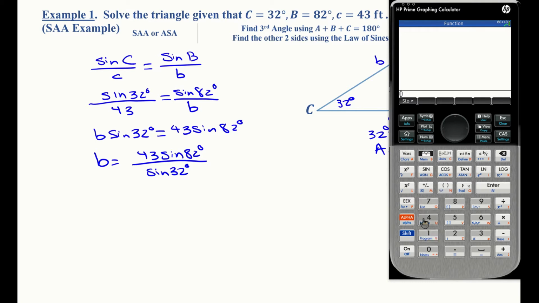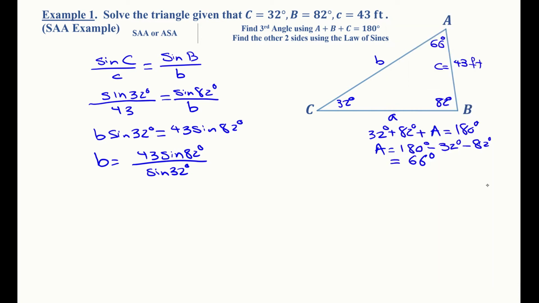So 43 sine 82, and we exit out of those parentheses, and then we divide by sine of 32. So we get approximately 80.4 for B, and that of course is going to be in feet as well.